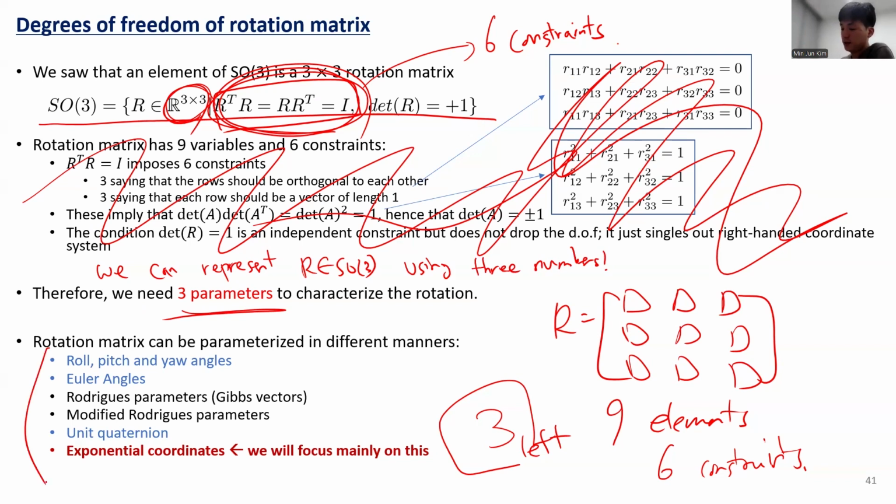So there are many ways to represent rotation. Sometimes roll, pitch, and yaw angles in airplanes. Maybe you have heard of roll, pitch, and yaw. Sometimes we use Euler angles. Quaternion is actually a 4 number representation, by the way. Or exponential coordinates. And in this lecture, we'll focus on exponential coordinates. Okay.